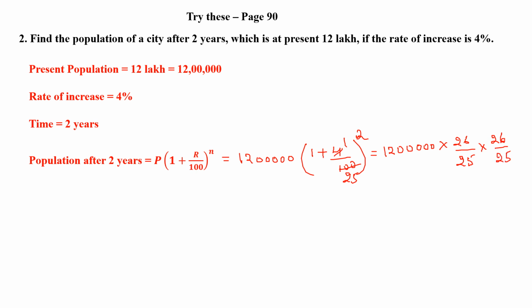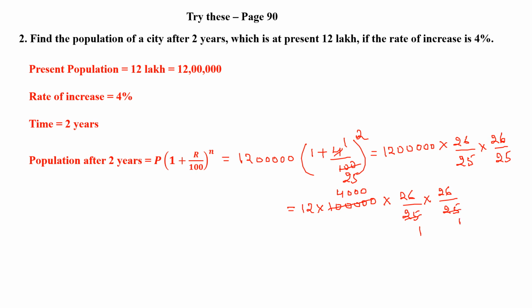Now I am going to reduce it. So to reduce it, 12 lakhs, I am going to split it as 12 into 1 lakh. Okay, because I know that it will make my calculation a little easier. I can easily reduce with 25. So 25 times 1 and this will give me 25 times 4000.